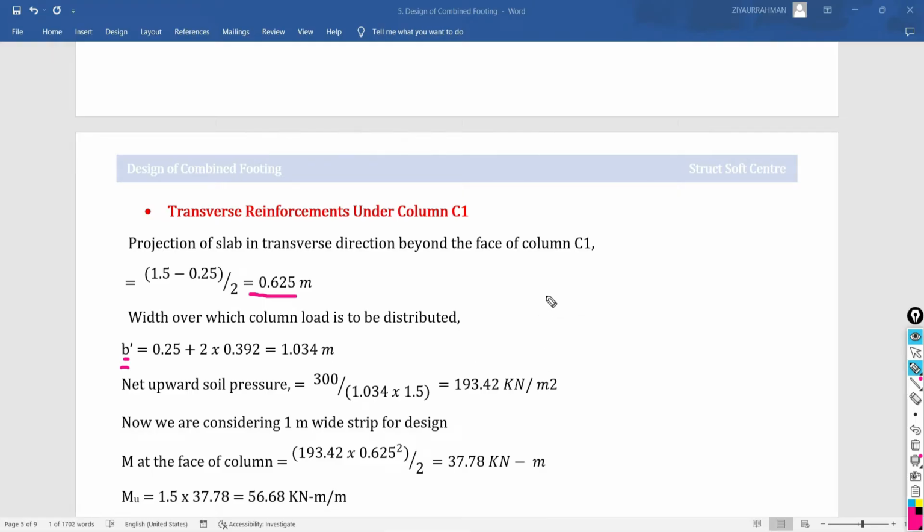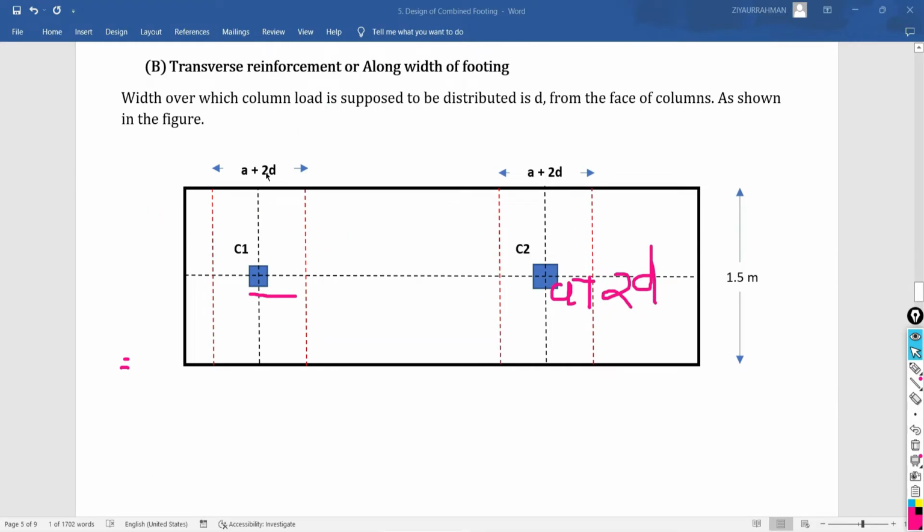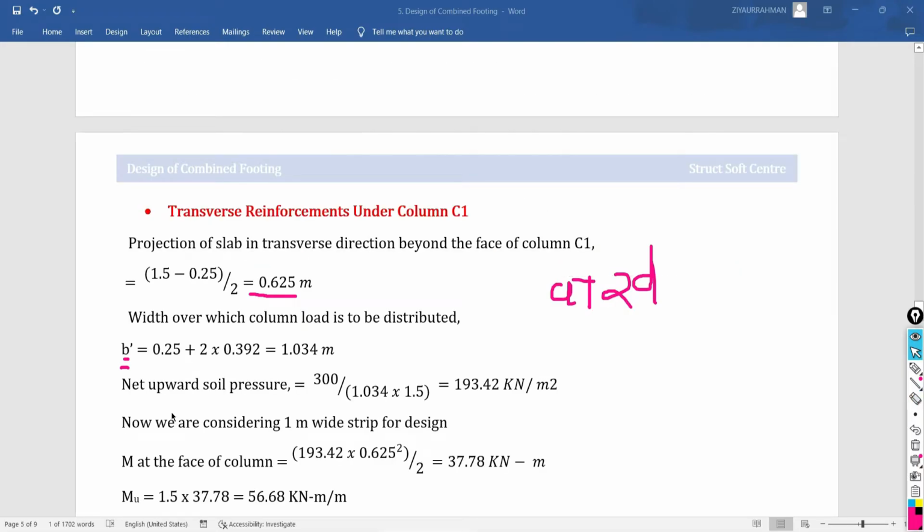It is simply what I told you, A plus 2D, which is 0.25 plus 2 times the effective depth, 0.392. So the width of the design strip is going to become 1.034 meter. For this width, your column load is going to be distributed.